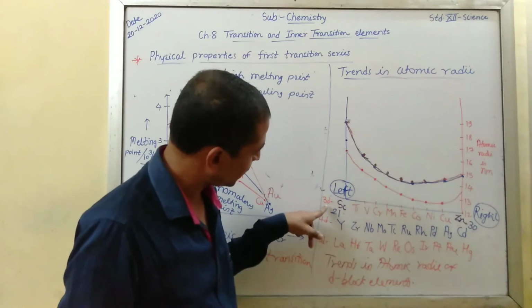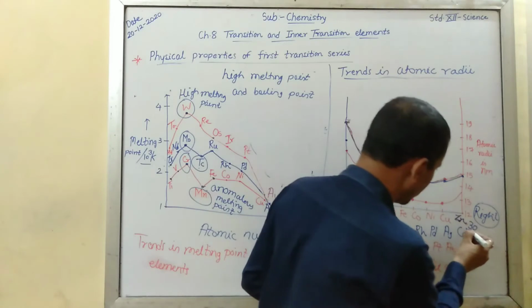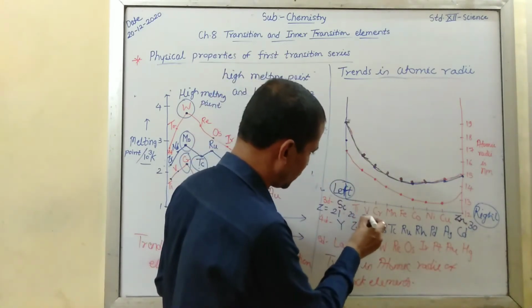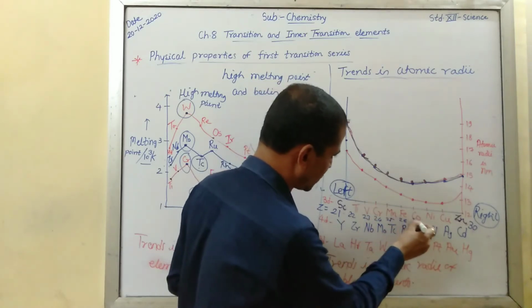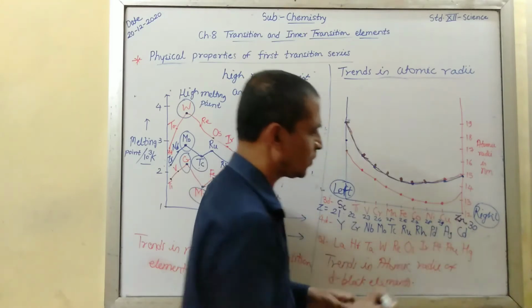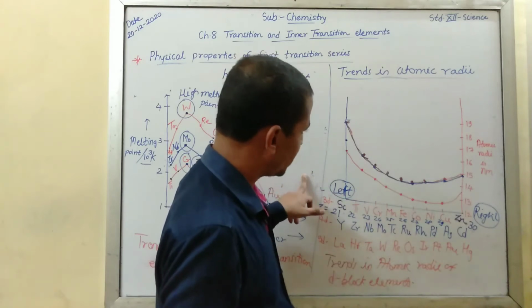For scandium the atomic number Z is 21, and for zinc it is 30: titanium 22, vanadium 23, 24, 25, 26, 27, 28, 29, and zinc 30. Now we will see the reason behind that.